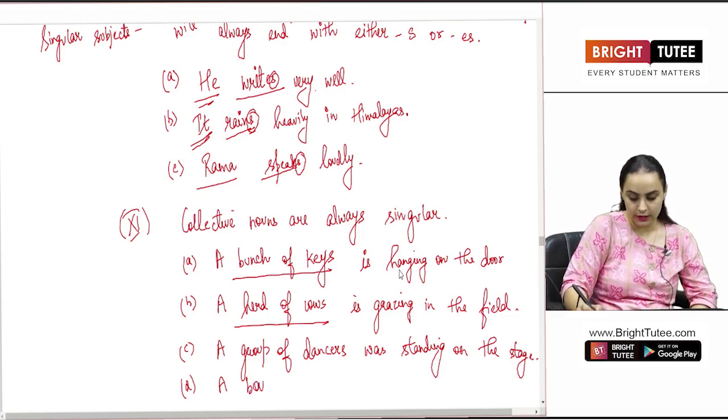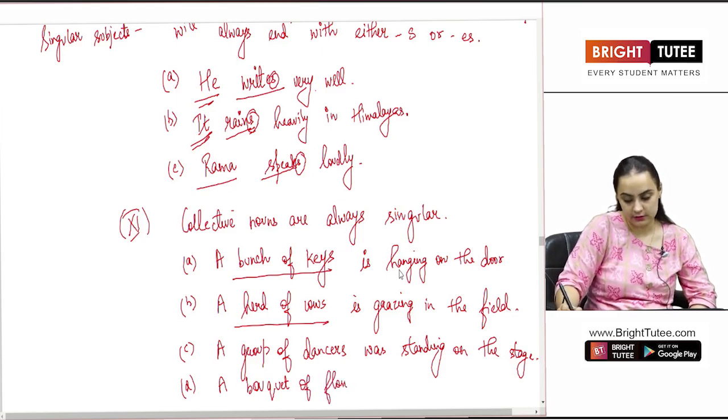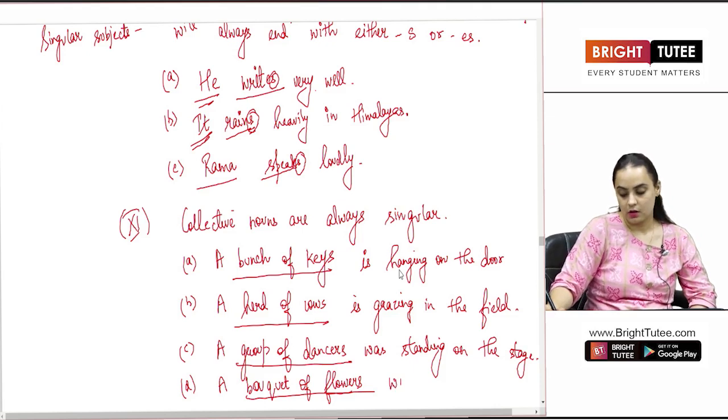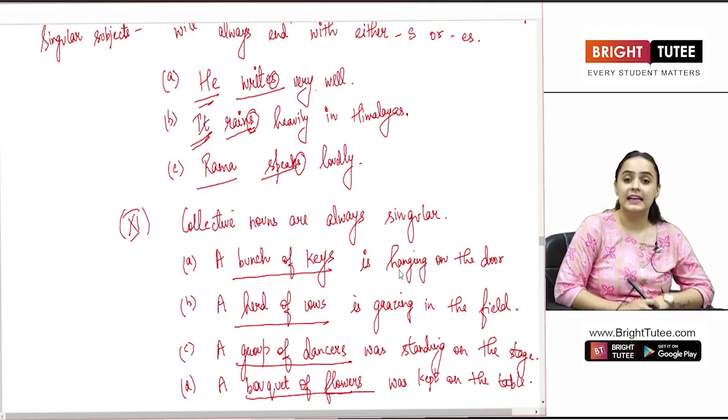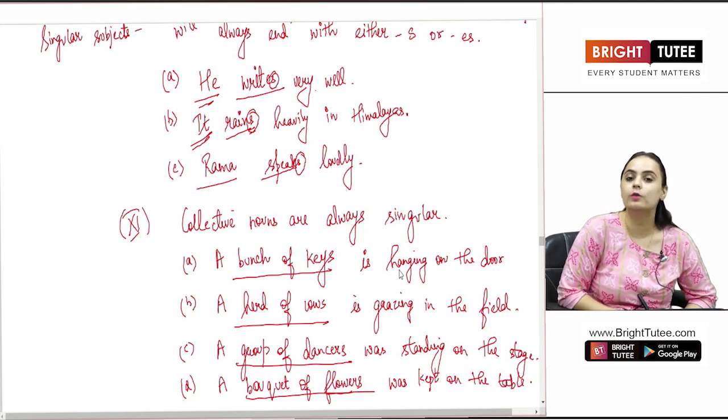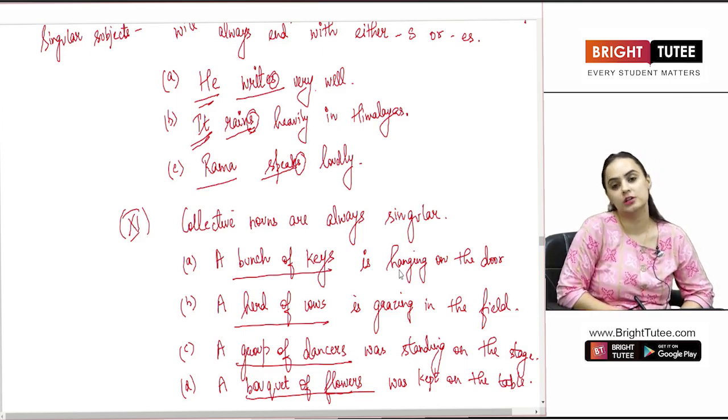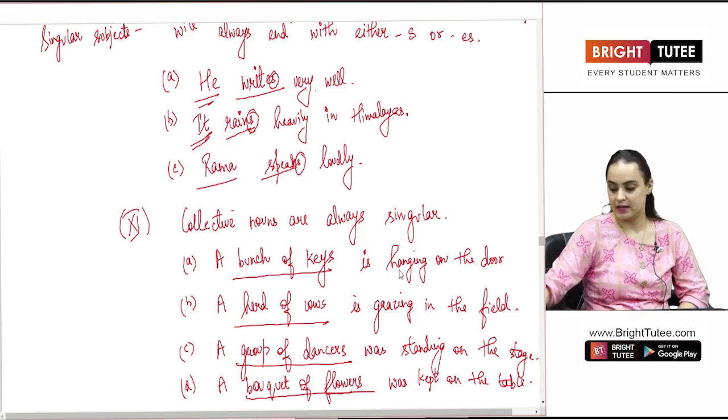A bouquet of flowers was kept on the table. So, collective nouns will always be singular and will always take a singular verb with them.